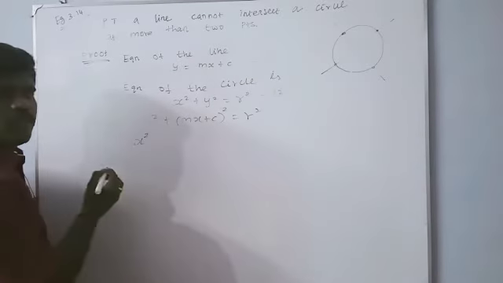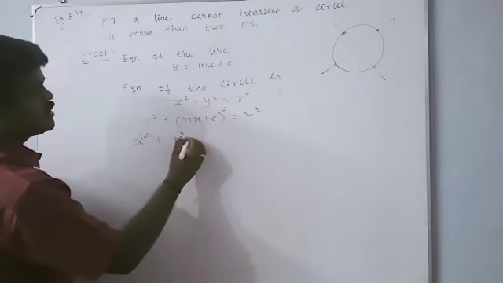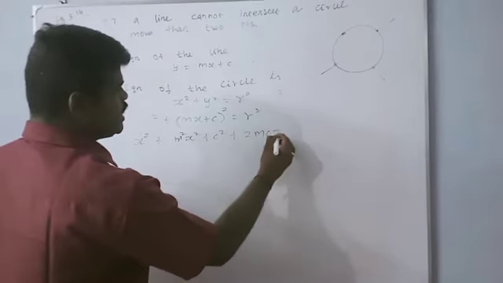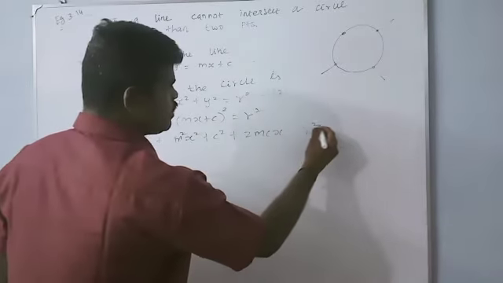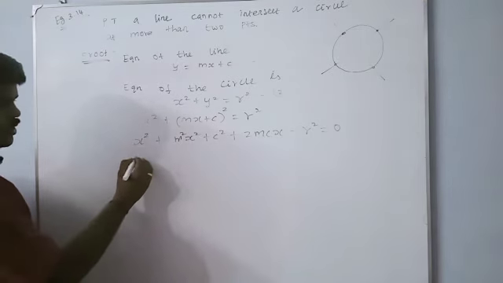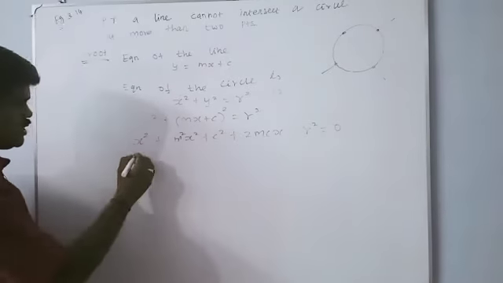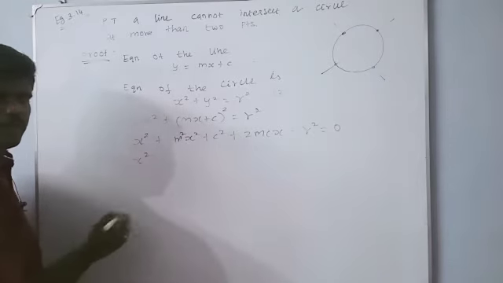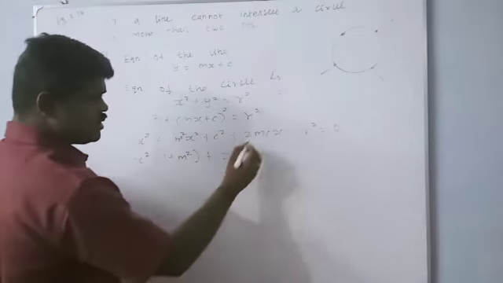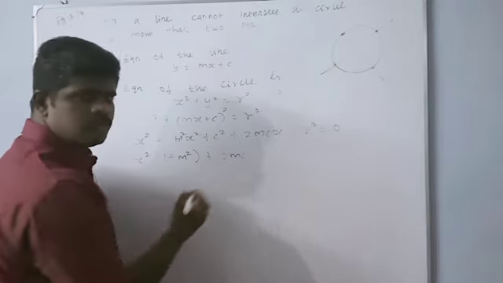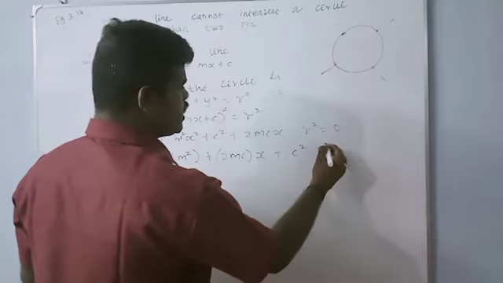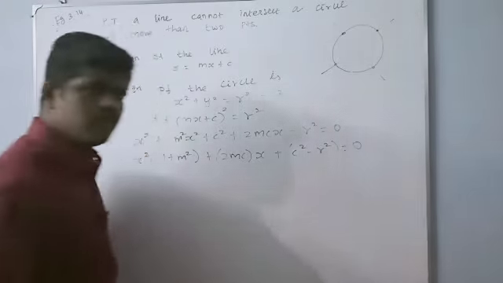Here x squared plus m squared x squared plus c squared plus 2mcx minus r squared is equal to 0. We take x squared outside from these two terms: x squared into 1 plus m squared, plus 2mcx plus c squared minus r squared is equal to 0.